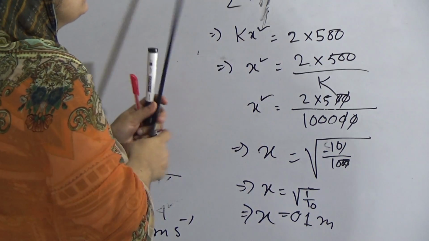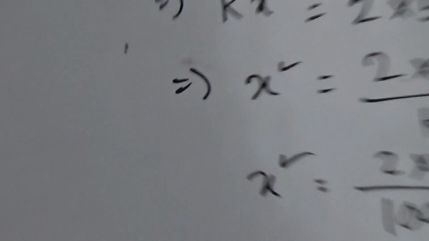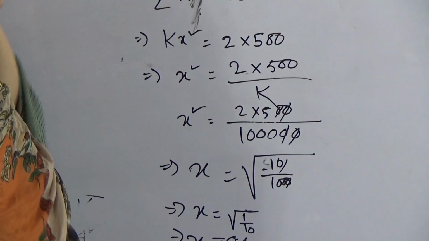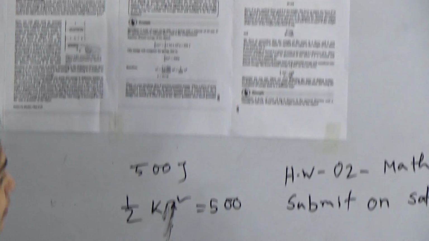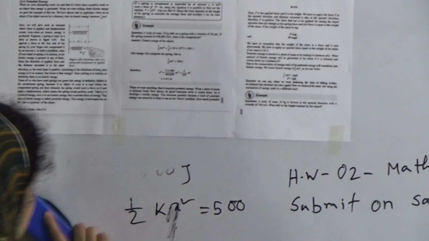Okay, my dear students, this is the compression. The compression of that spring is 0.1 meter. This is the answer. Okay, now we will solve another.